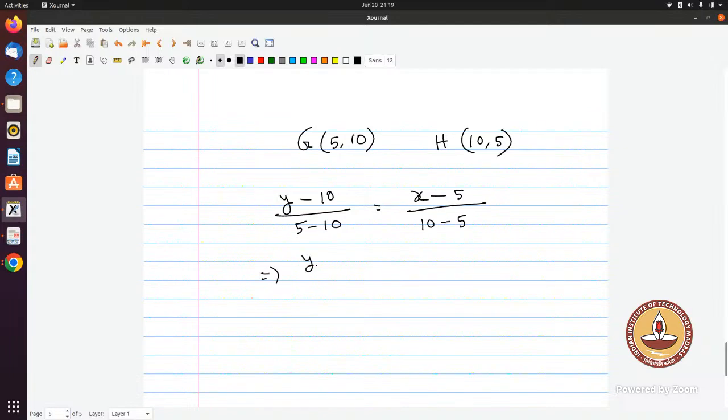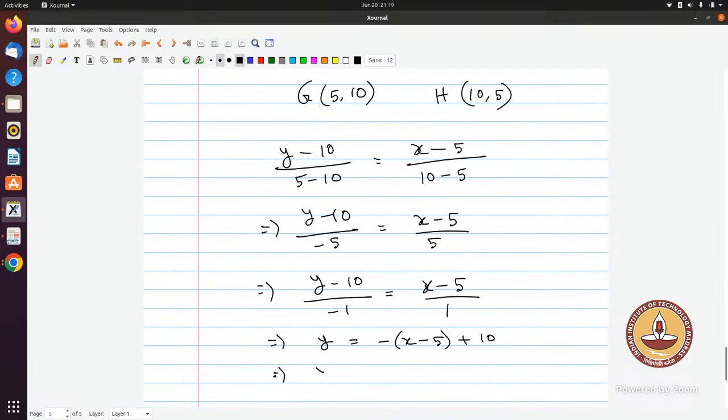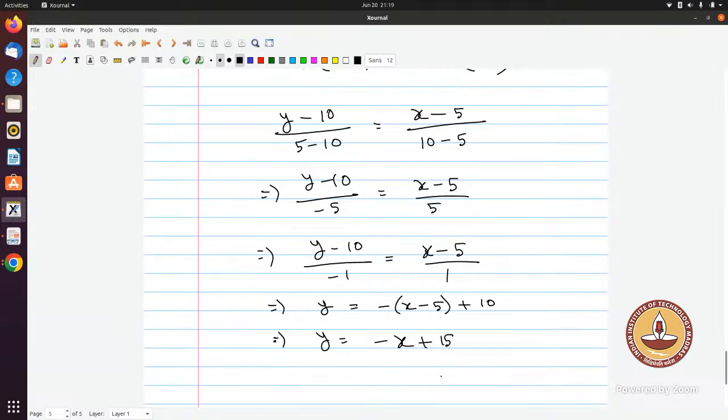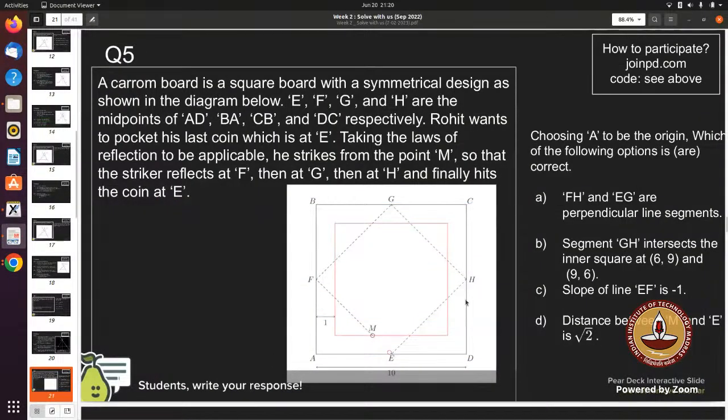This is the equation we are getting, x plus y equal to 15. Has everyone got this? So this is the straight line passing through G and H.